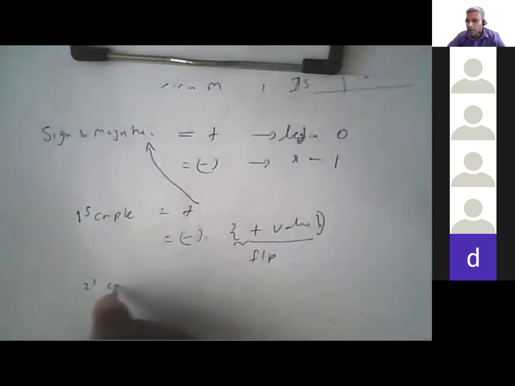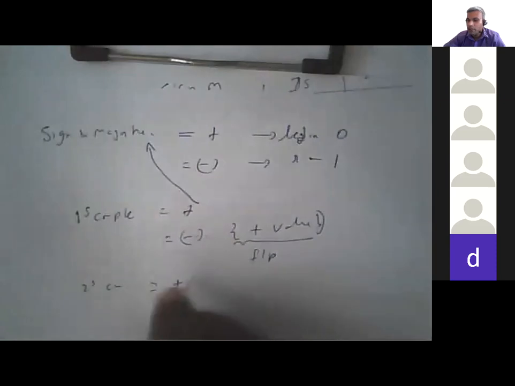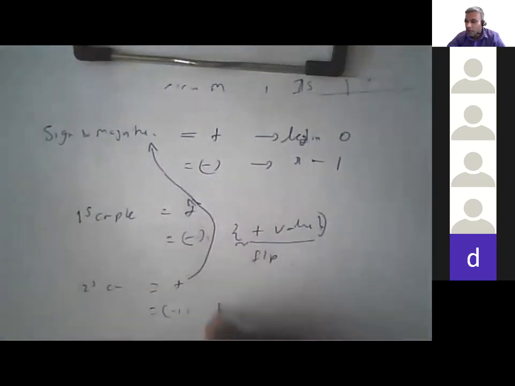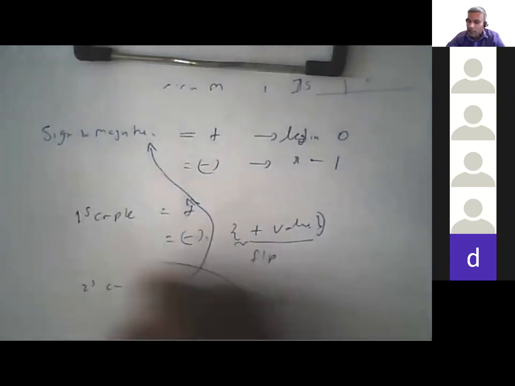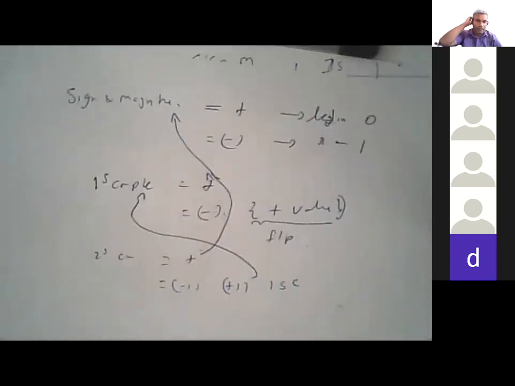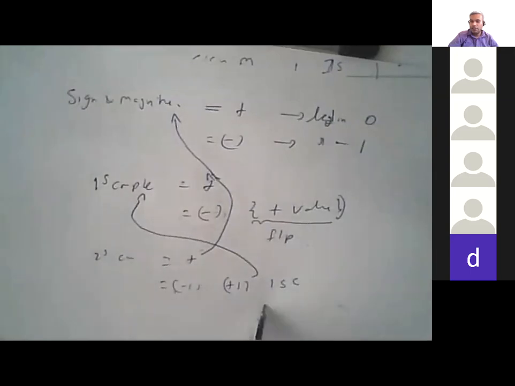For the 2's complement, positive number, the same thing. For the negative number, you add 1 and get 1's complement. So you can see in the 2's complement, if it's a negative number, you can break it into several steps. You add 1 and take 1's complement.